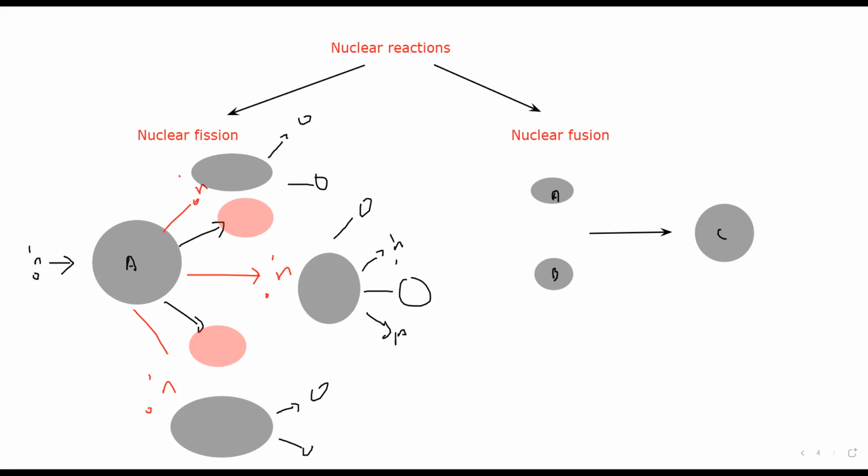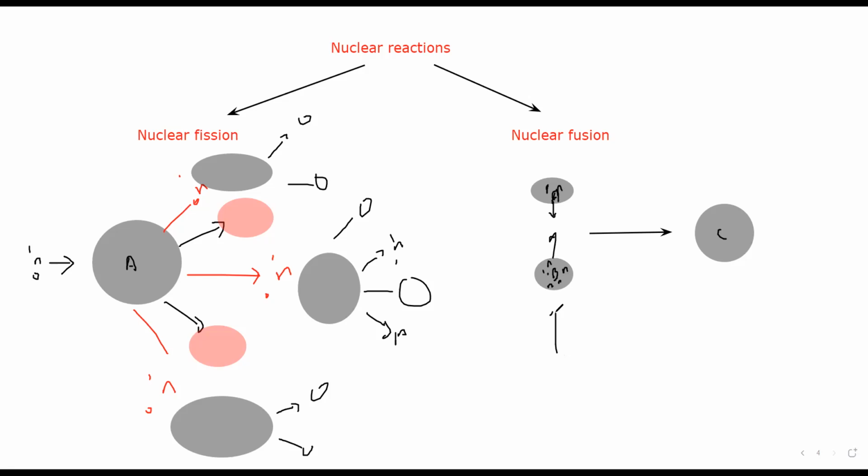The reason is that for a fusion reaction, you have to fuse two nuclei. To fuse them, there are protons with like charges, so you have to overcome this repulsion.